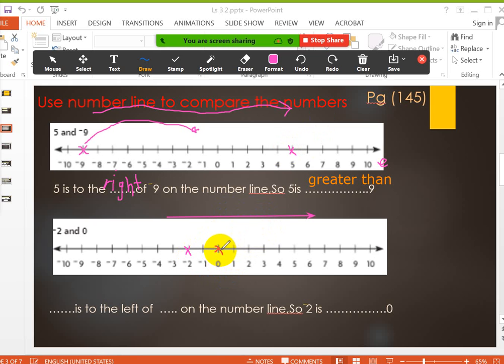Look, 0 is on the right side of negative 2, or I can say negative 2 is on the left side. According to 0, negative 2 is on the left side of 0 on the number line. So which one is the greater?